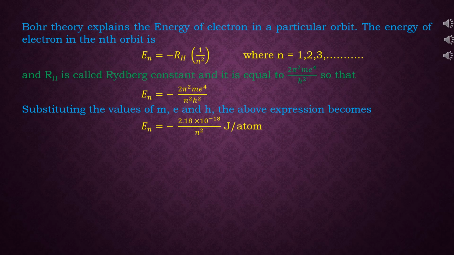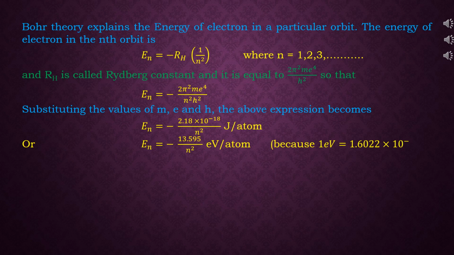In terms of electron volt per atom, En is equal to minus 13.595 upon n square electron volt per atom, because 1 electron volt is equal to 1.6022 into 10 raised to the minus 19 joule. In terms of kilojoule per mole, En is equal to minus 1311.8 upon n square kilojoule per mole.